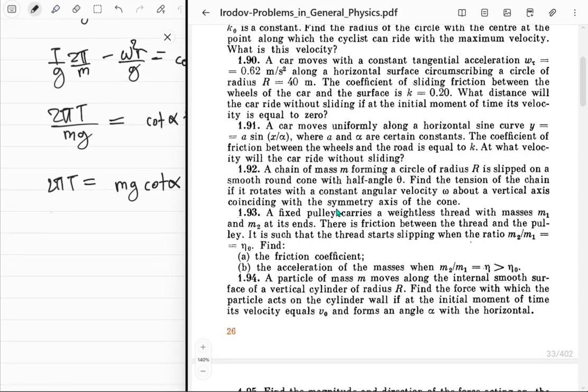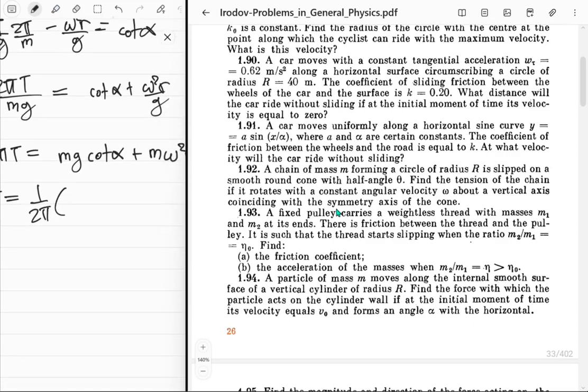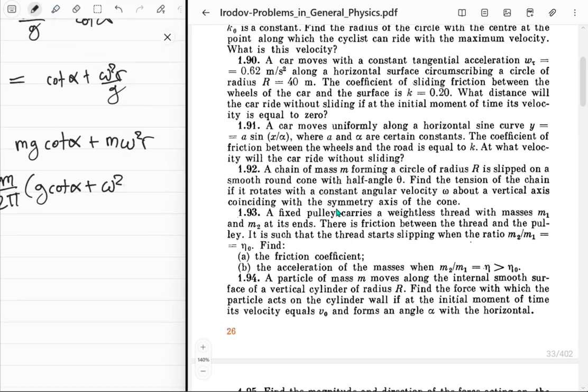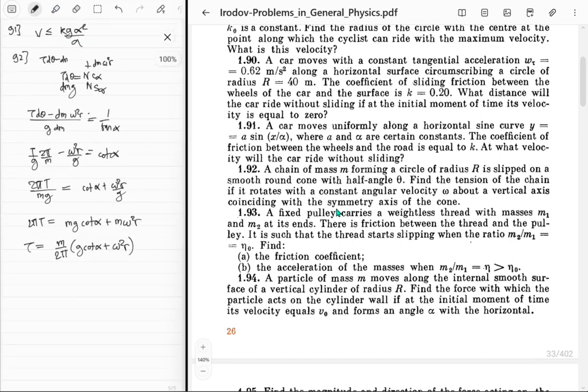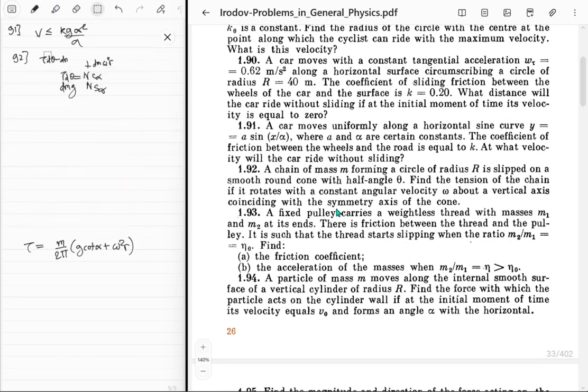So tension is just 1 upon 2 pi into, so I should say m upon 2 pi, right? m upon 2 pi into g cot alpha plus omega squared r. Weird, isn't it? So this is it. That's what we needed to know.